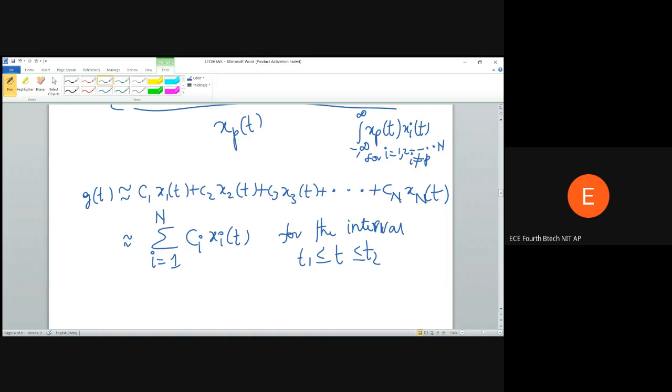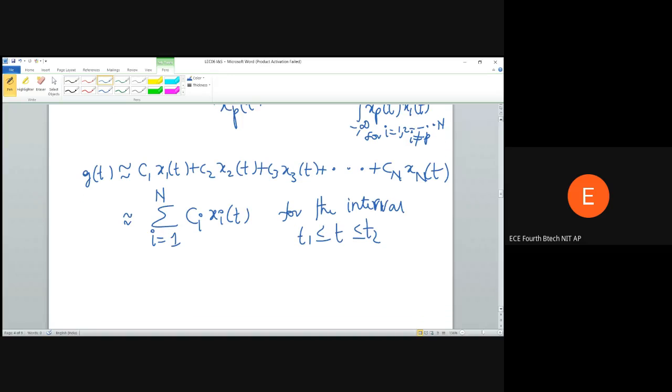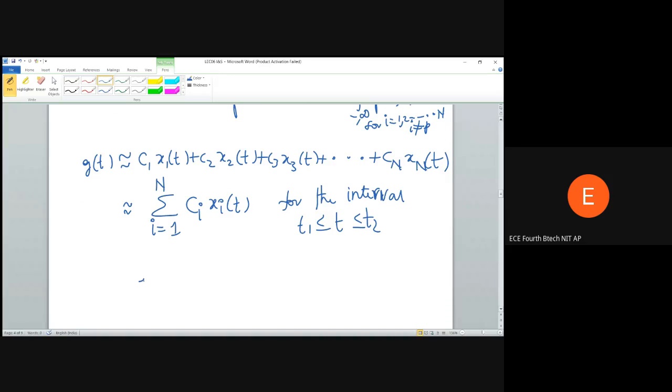The energy of the signal. Now if you try to calculate the energy of the error signal e of t, then e of t should be equal to g of t minus summation i equal to 1 to n of ci xi of t.